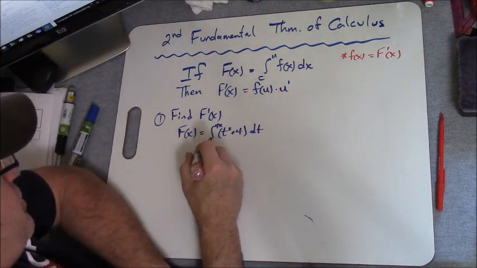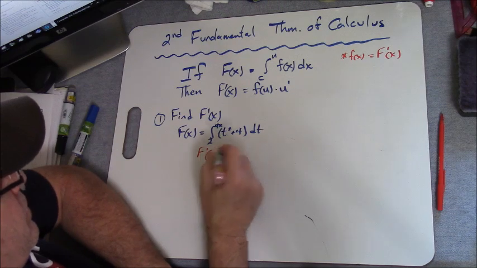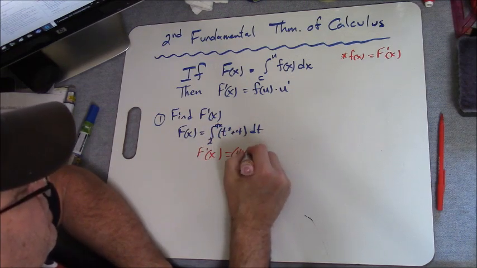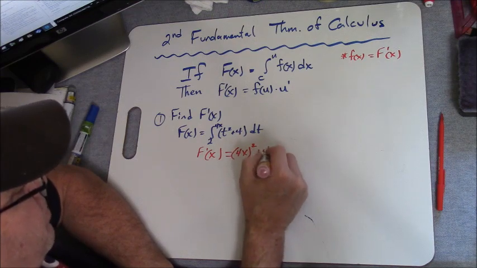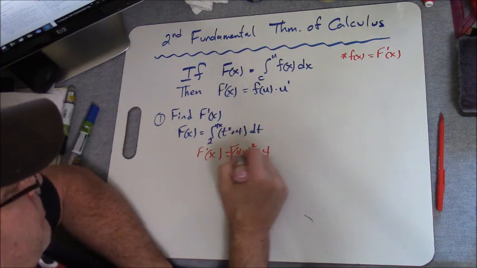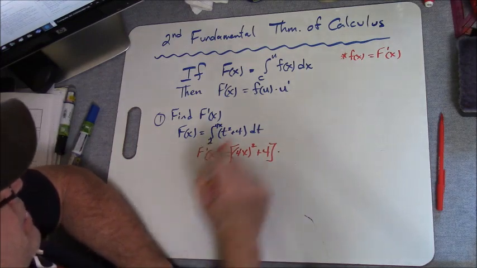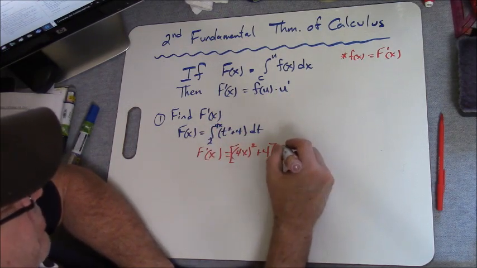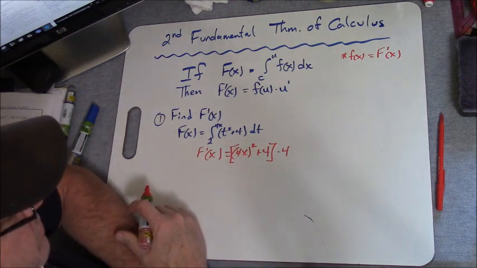F prime of x is going to equal, I'm going to put 4x in place of that t. So 4x squared plus 4, times the derivative of this expression. Well, the derivative of 4x is just 4.